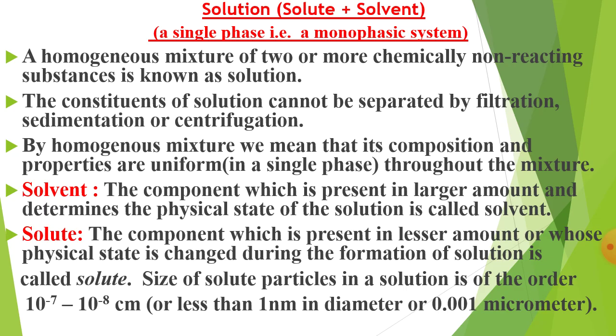That indicates a solution's constituents cannot be separated by filtration. Again, by homogeneous mixture we mean that its composition and properties are uniform, that is a single phase throughout the mixture. So these are basic things you have to know about the solution.